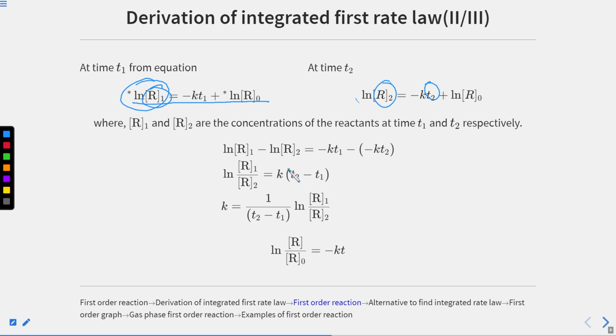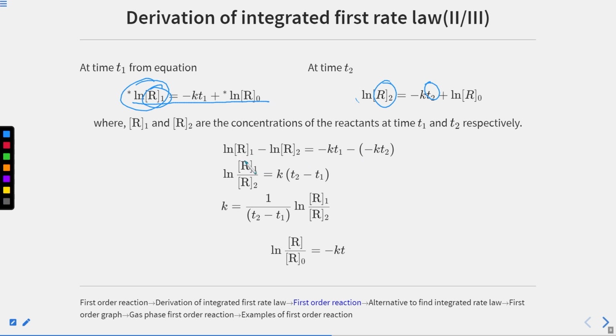Now we'll simply subtract both of these to get our final equation. So we have subtracted this from this, and that would give us ln R1 minus ln R2 is equals to minus kt1 minus kt2.